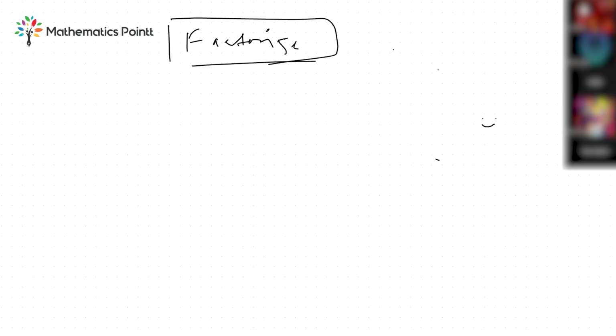So if I write something like x squared plus 2x, can you factorize this expression, please? X squared plus 2x. Quickly factorize this and send me the answers on the chat, please.